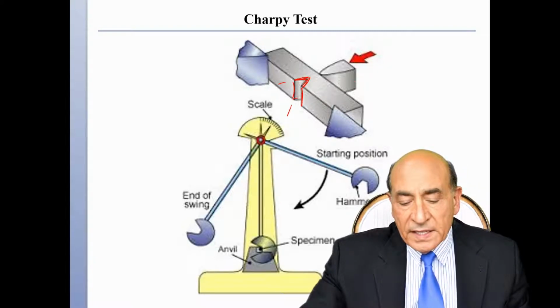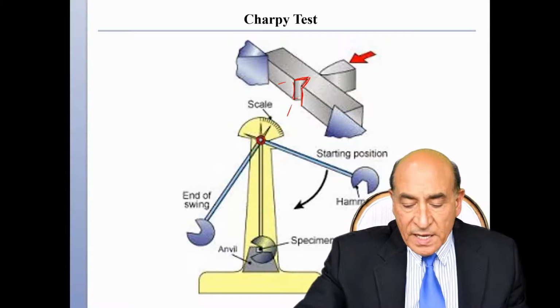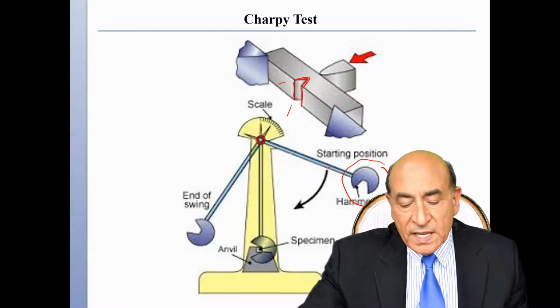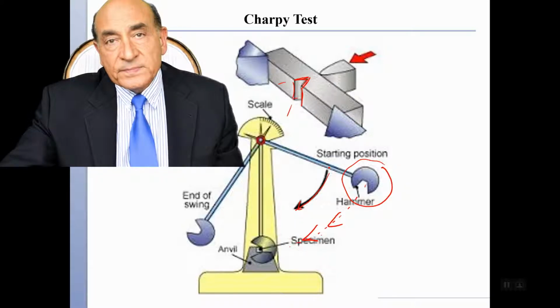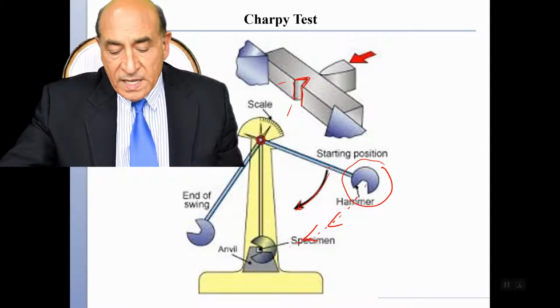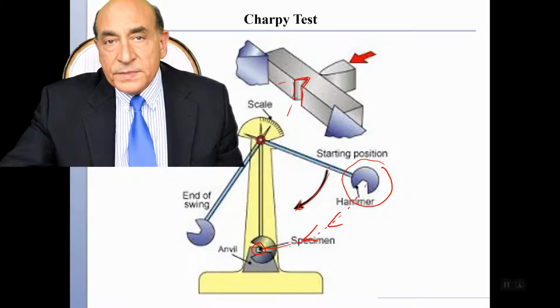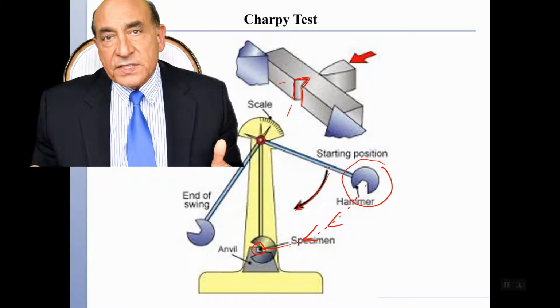The test is performed with a pendulum, and the pendulum has a hammer on one end with a starting position, and then the hammer is released. The hammer goes down, and as it's going down, it accelerates because of gravity, and then it strikes the sample, and the sample either deforms and doesn't fracture, or it fractures.